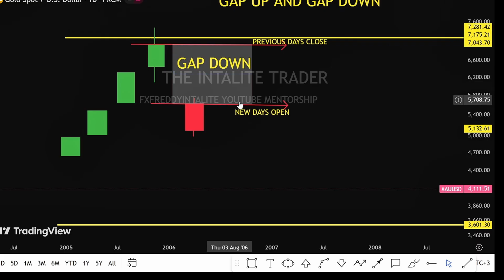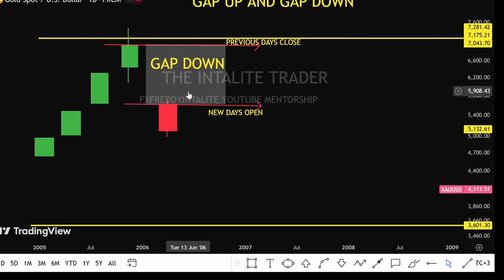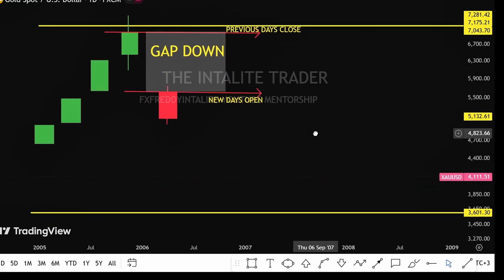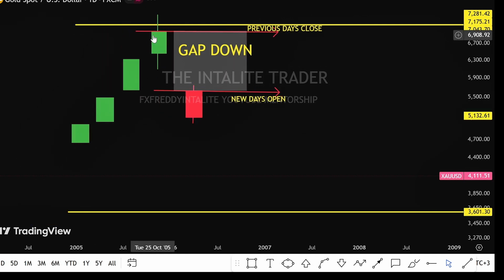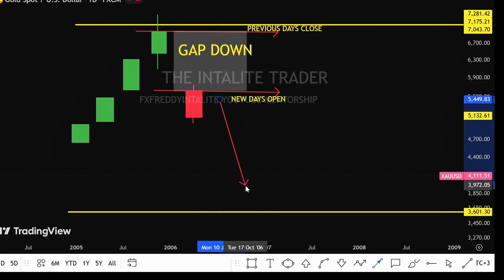Now, at times, these gap down and gap up candles occur as a result of news release, especially outside of the regular trading hours. But if you get to see this on a key level, then just know there is a possible trend change and price is going to continue selling in that direction.